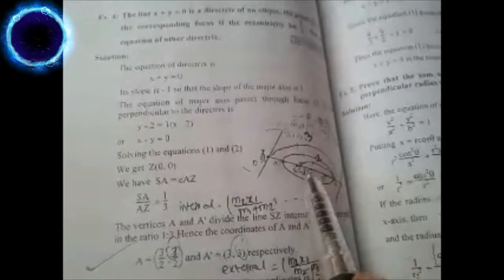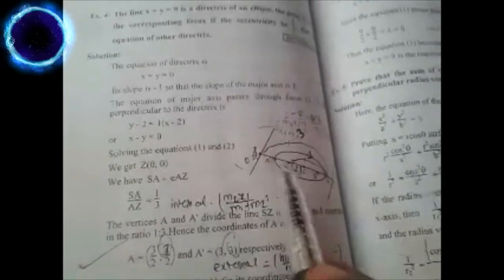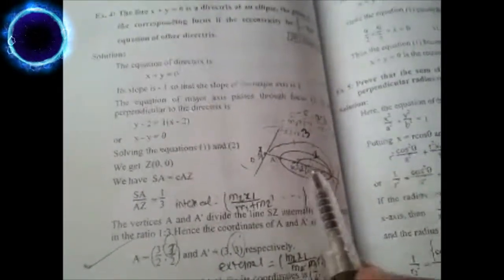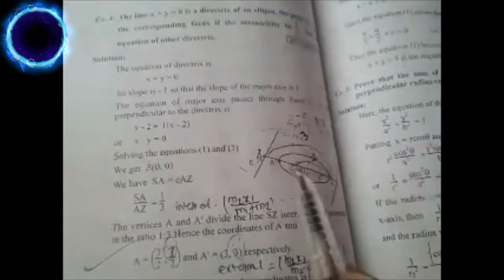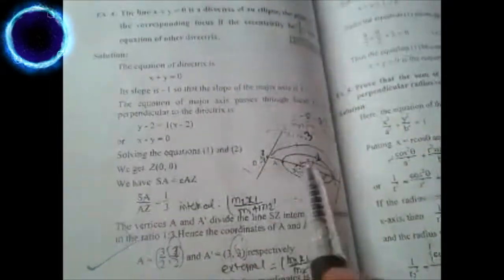So it moves from S to Z. So SA by AZ is the eccentricity that is given, that is eccentricity is 1/3.